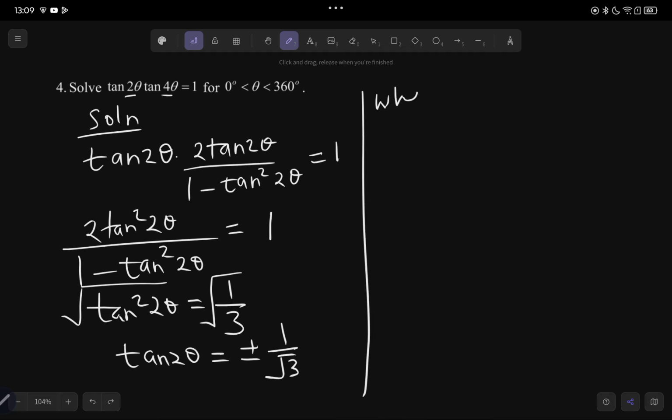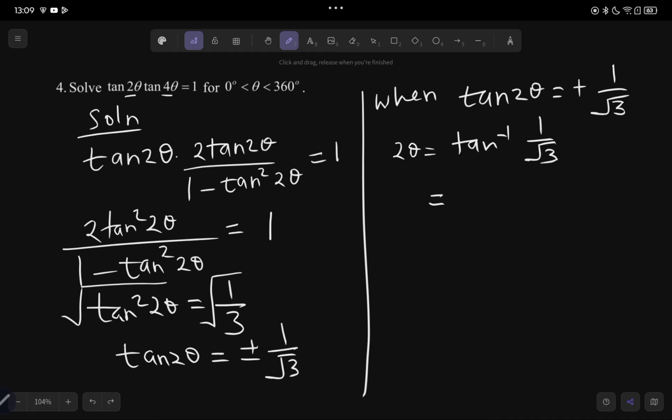Now when tan 2 theta is equal to positive 1 over root 3, so 2 theta is tan inverse of 1 over root 3. Where is tan positive?